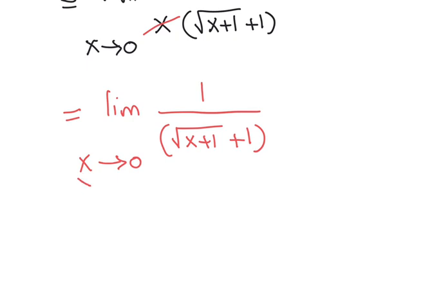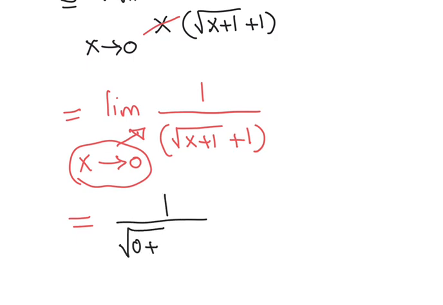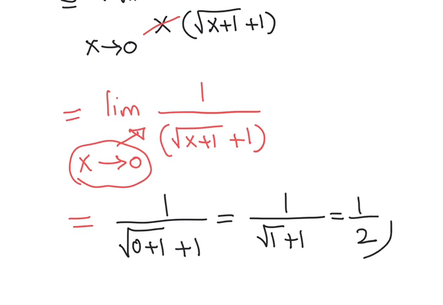Now you can substitute 0 in this fraction, equals 1 over root 0 plus 1 plus 1, equals 1 over root 1 plus 1, equals 1 over 2. So the answer is 1 over 2.